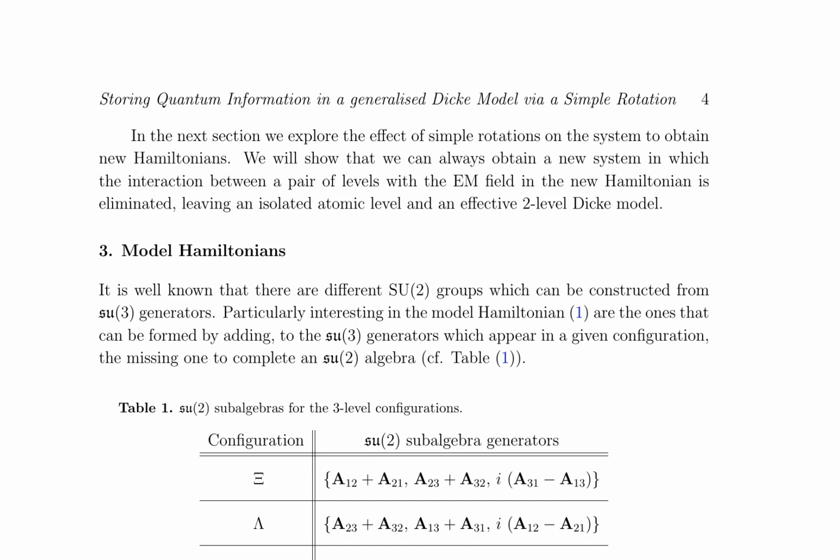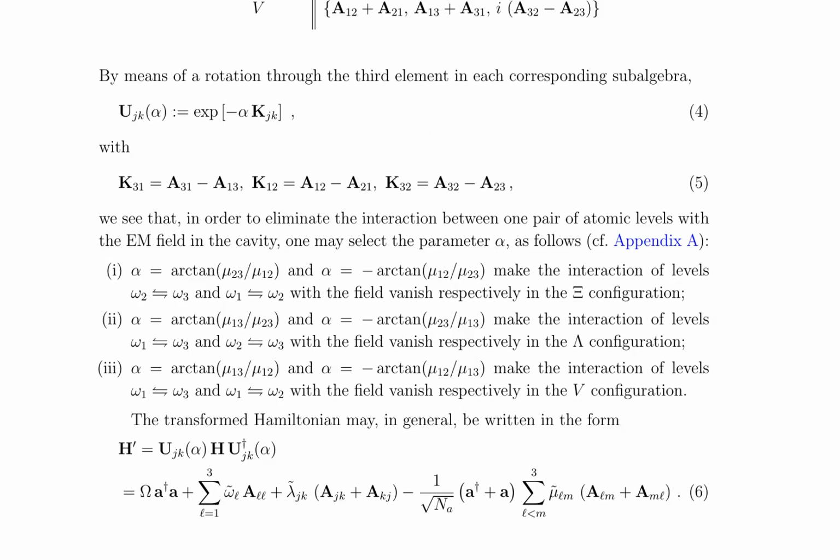This is achieved through the use of SU groups constructed from SU generators, particularly by adding missing generators to complete an SU algebra. A key concept is the rotation through the third element of the corresponding SU subalgebra, which enables the elimination of specific interactions.